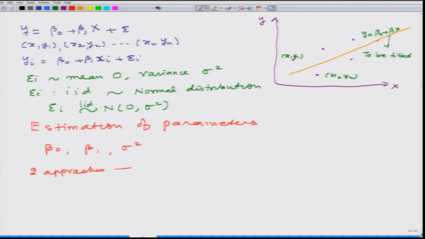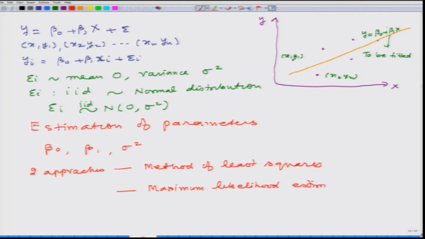One is the method of least squares, and another is maximum likelihood estimation. First we try to understand what is this method of least squares.